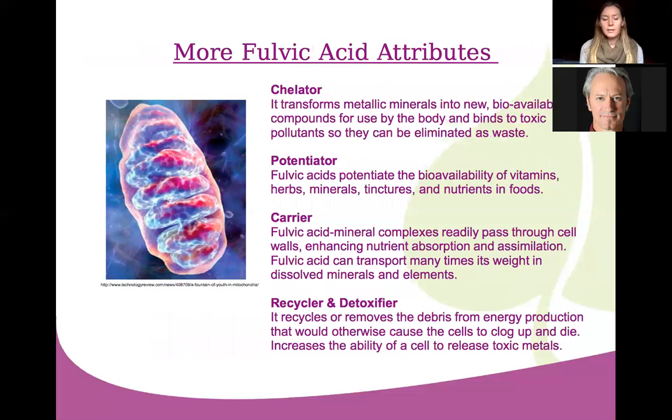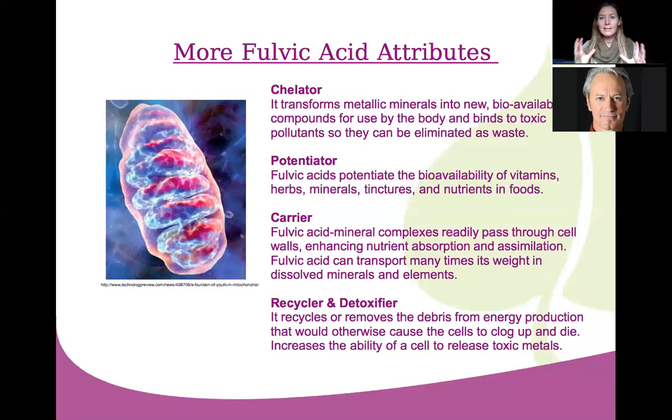Okay, some other amazing attributes of fulvic acid. It is a chelator, which I've already mentioned. A chelator basically transforms metallic minerals into bioavailable organic compounds for use by the body, and it also binds to toxic pollutants so they can be eliminated as waste. So there's good metals and bad metals, good metallic minerals and toxic heavy metals.